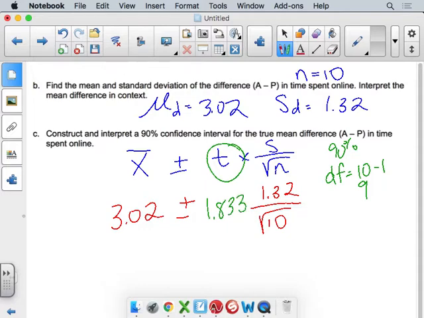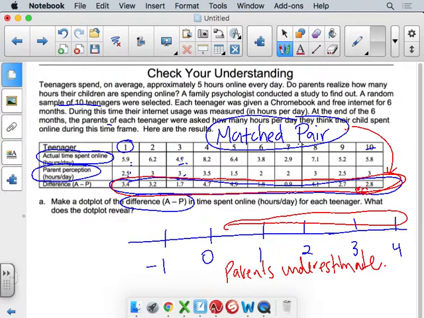That's what I just found. So 1.833. Again, the main difference here is this right here. I'm just doing it for the 1 sample of the difference because it's a matched pair, because it's the same person being experimented on or the same thing.